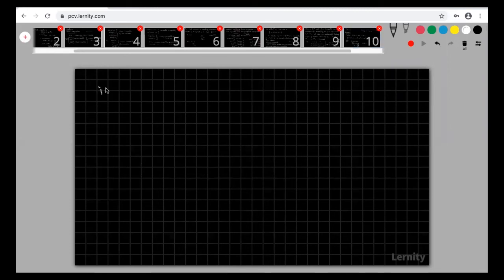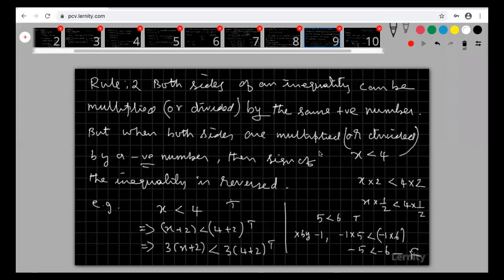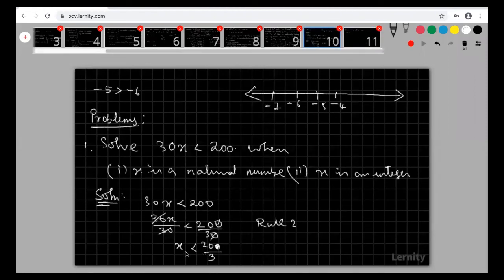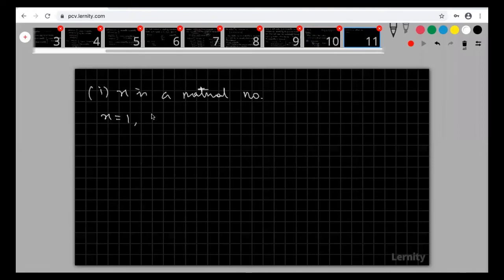Now come to the first question: x is a natural number. Apply x equal to 1: 1 is less than 20 by 3. Is this true or not?